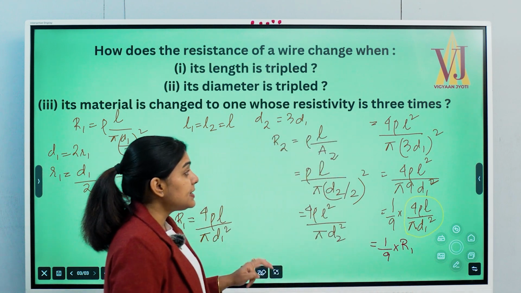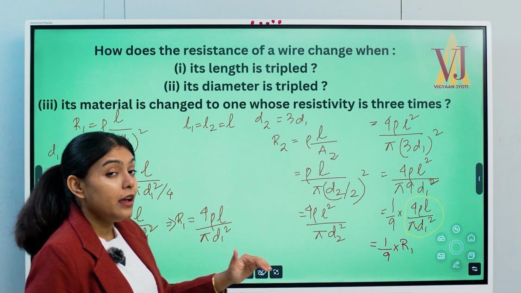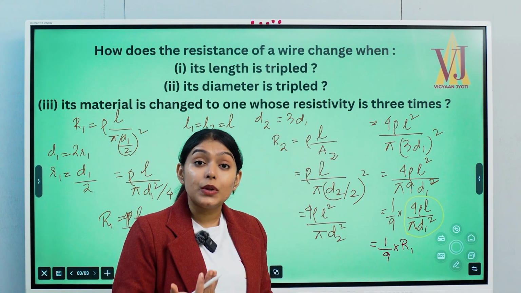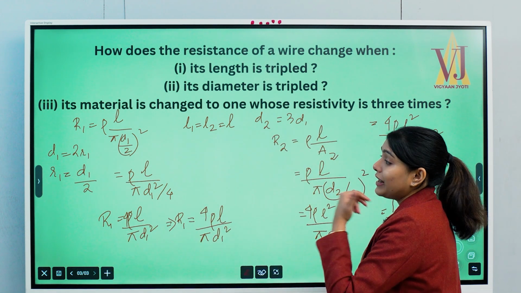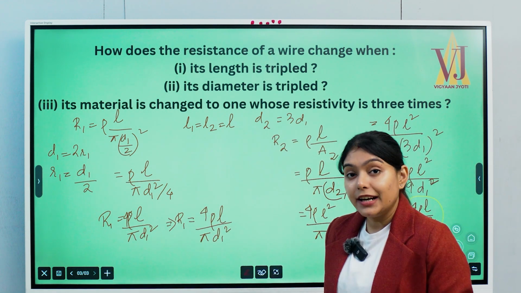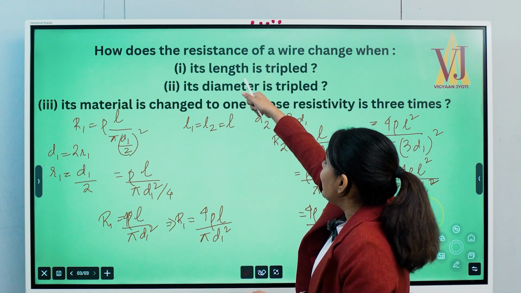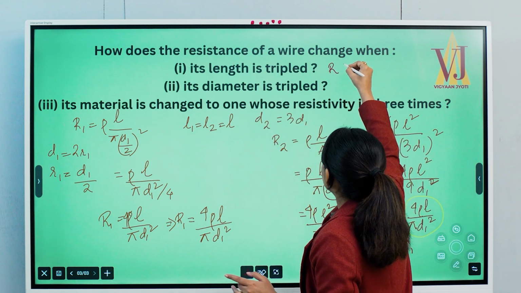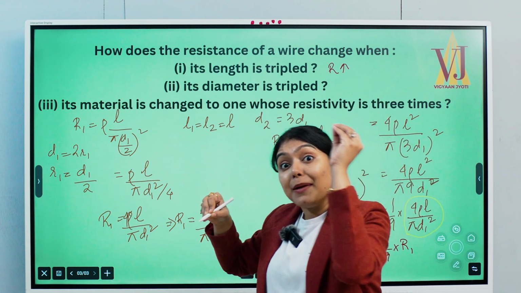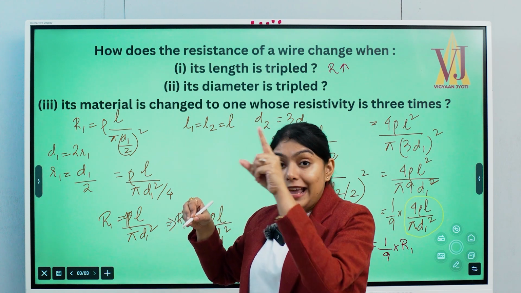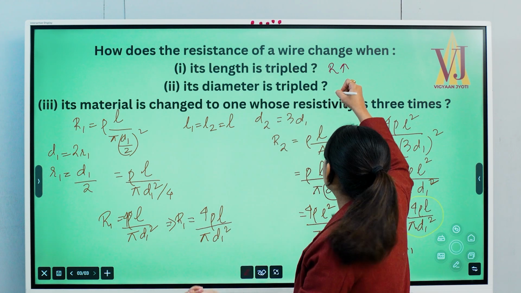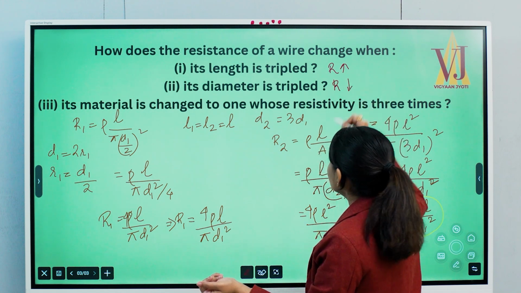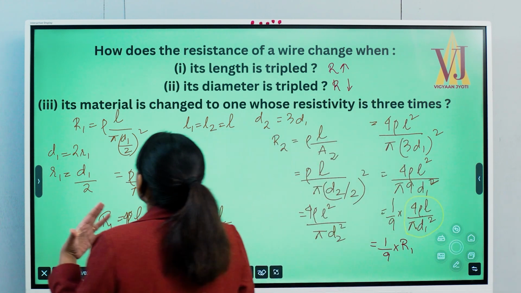That means my new resistance will be decreasing. It will be 1/9 of the resistance which was offered in the first case. Clear? That means if my length is increasing, my resistance is increasing. And if my diameter is increasing, area is increasing, and if area is increasing, resistance is decreasing. Yes. Clear?